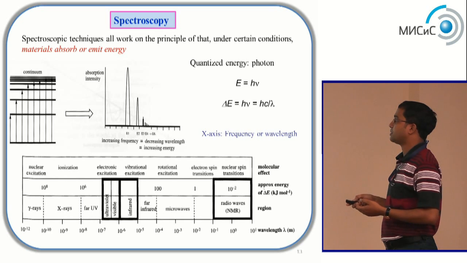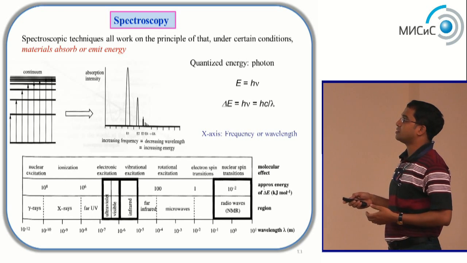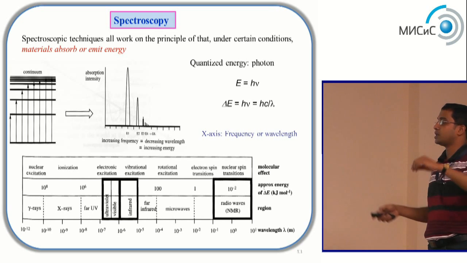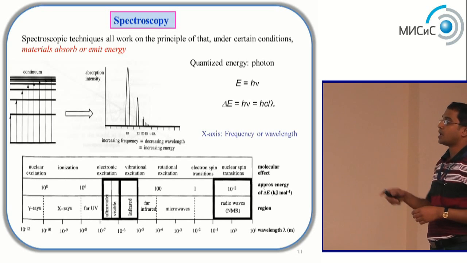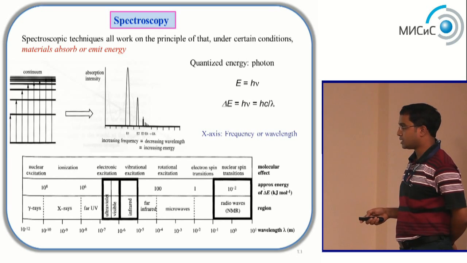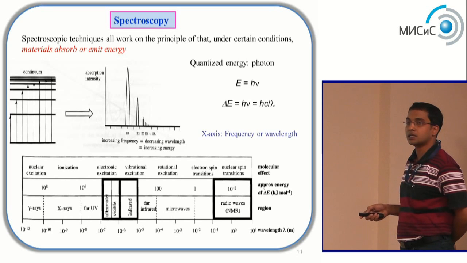This is the frequency or wavelength, and you can see the absorption intensity, the peak corresponding to any sample, according to their state. But right now we are interested only in the ultraviolet and visible region, so it contains the electronic excitation.